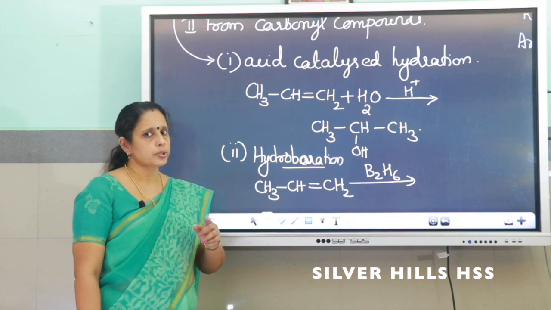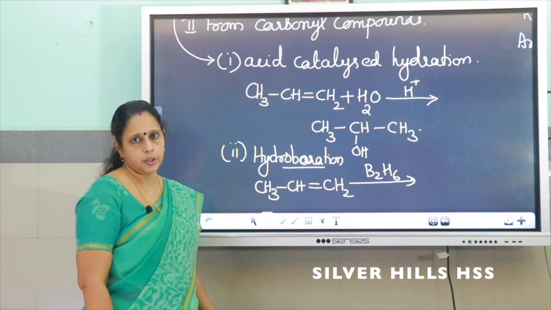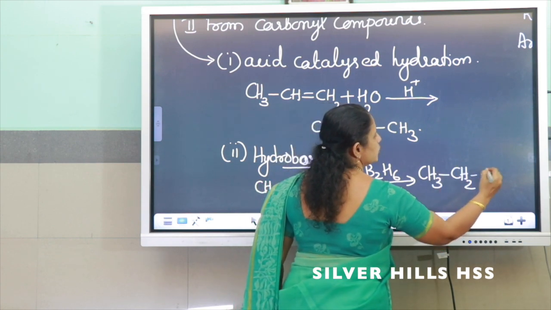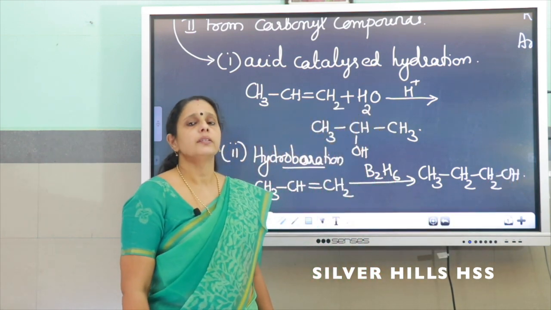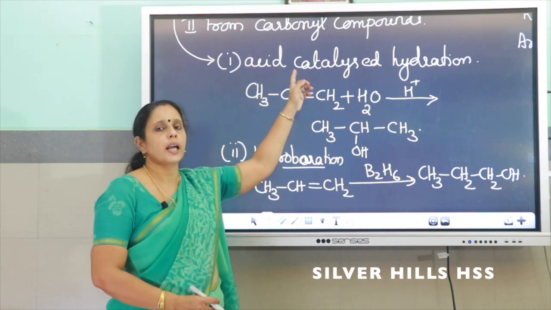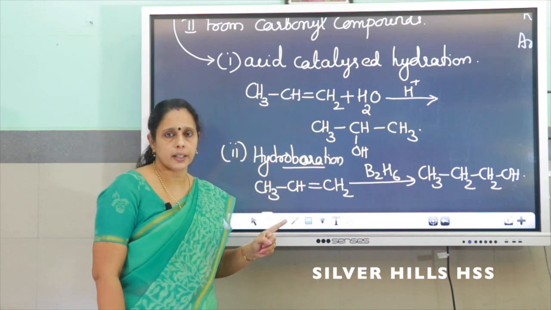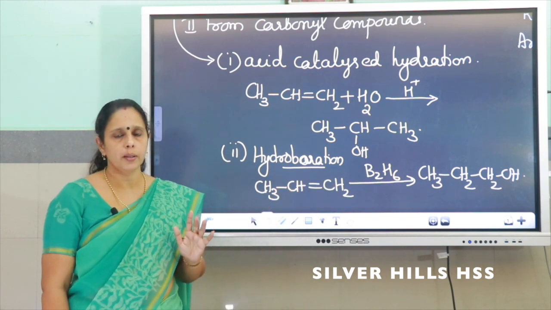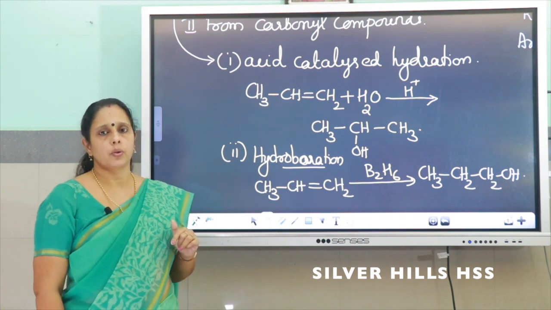According to anti-Markovnikov's rule, the negative part goes to the carbon containing greater number of hydrogen atoms. So, the major product is CH3CH2CH2OH, that is, propan-1-ol. So, an alcohol can be obtained from an alkene either by acid catalyzed hydration or by hydroboration. In both cases we obtain an alcohol, but one is according to Markovnikov's addition, the other according to anti-Markovnikov's addition.